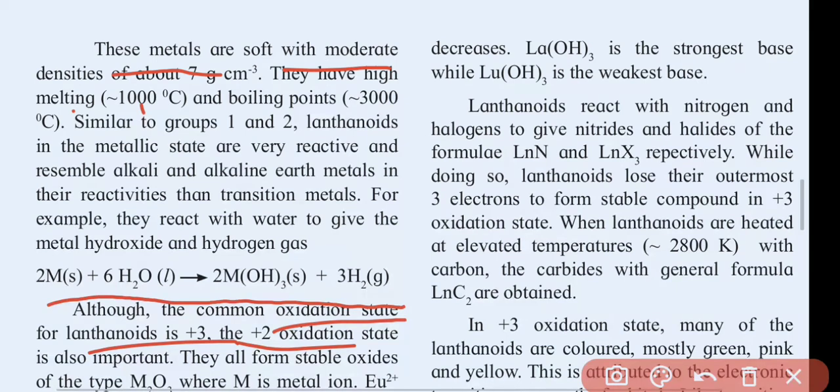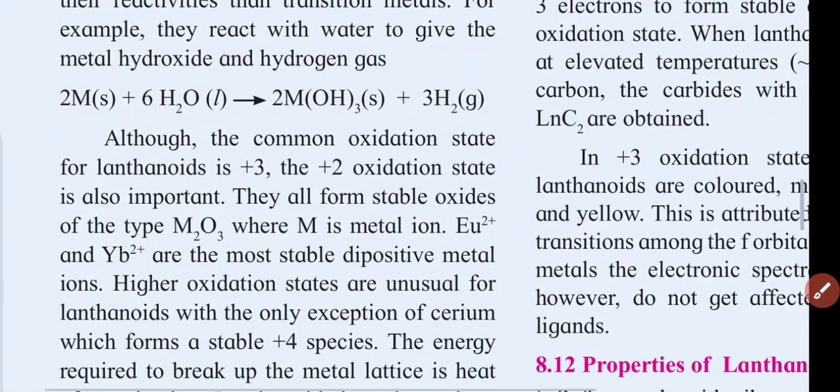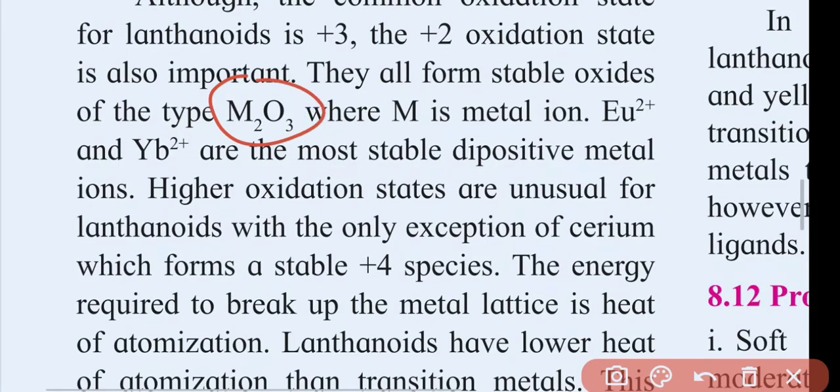Some lanthanoids show +2 and +4 oxidation states even though they do not have a stable electronic configuration of 4f0, 4f7 or 4f14. See here, they all form stable oxides, that is M2O3, where M represents lanthanides.